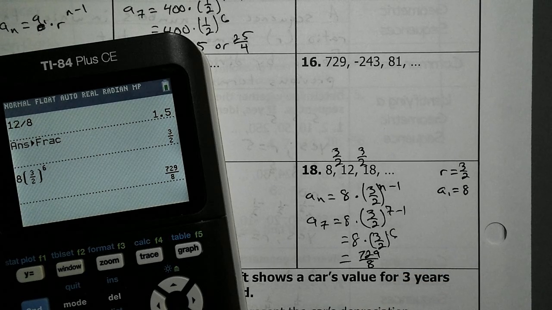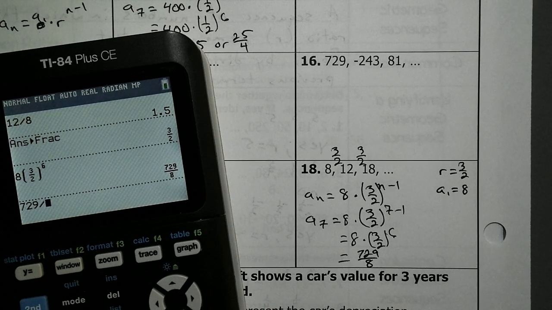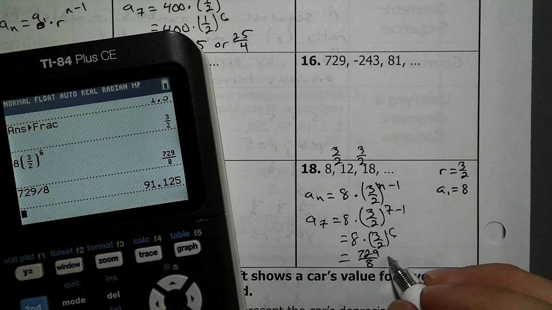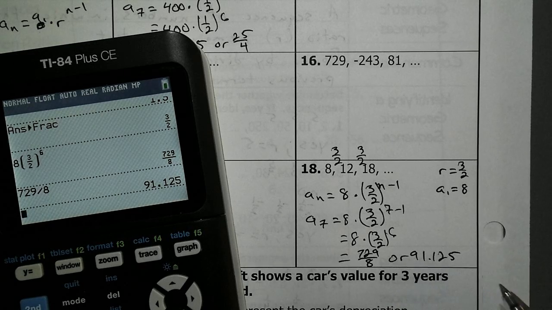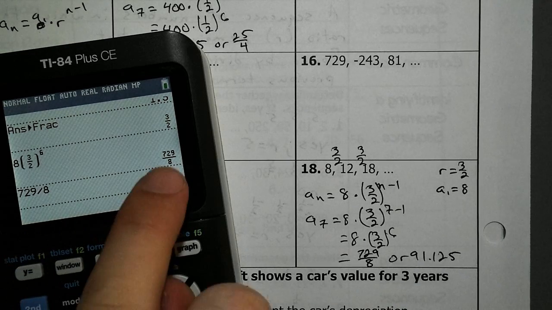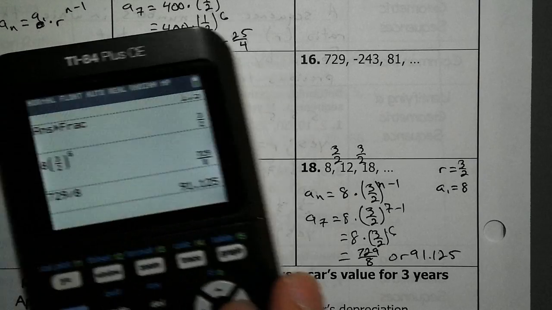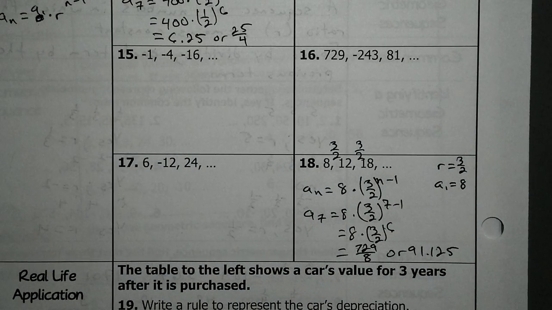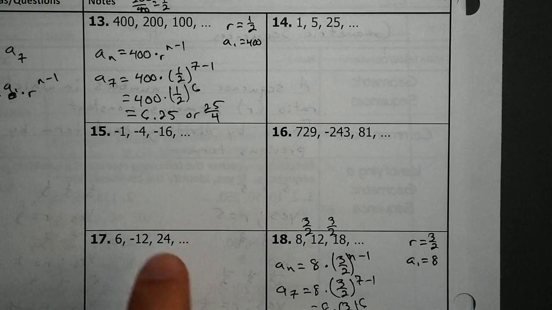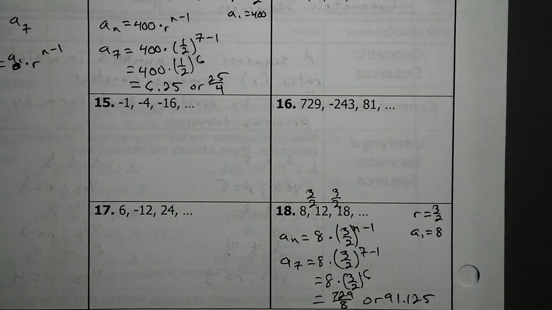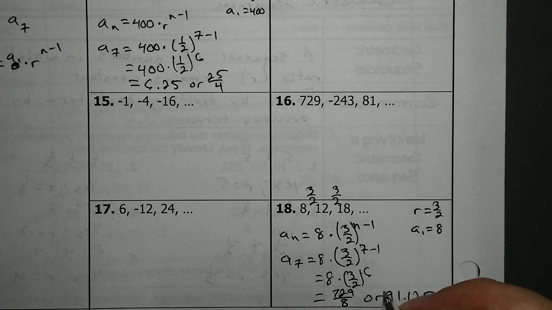If you did this as a decimal, you would have gotten 91.125. So either way, if you put it in as a fraction, that's what you get. If you put it in as a decimal, that's what you get. Now, I'll go ahead and just put the answers on these if you want to check your final answers and you want to work those out later.